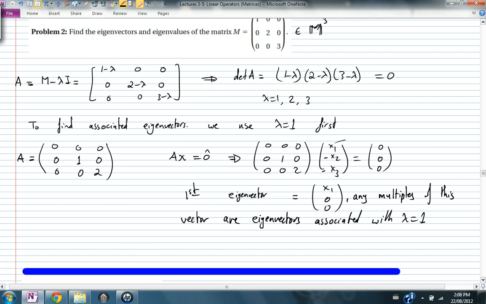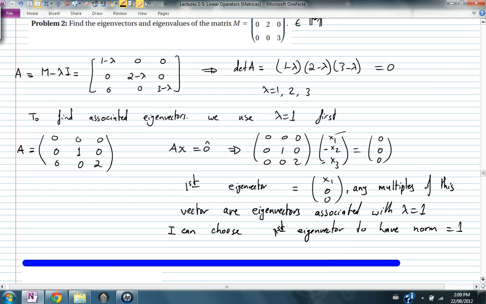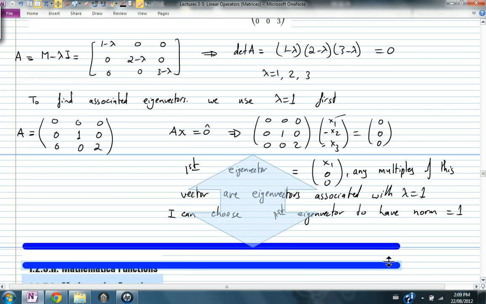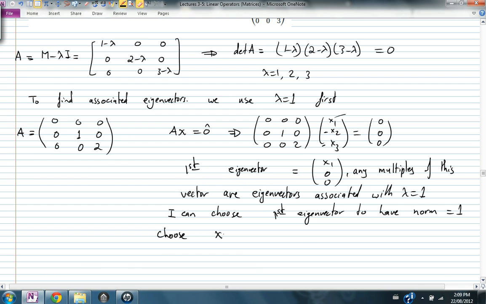And so all I have to do is choose the first eigenvector to have norm equal 1, which means choose x equal to 1, 0, 0 to be one of the eigenvectors associated with lambda equal 1.